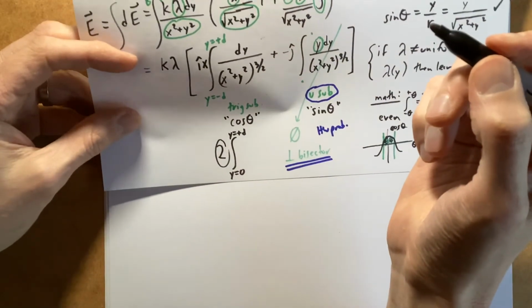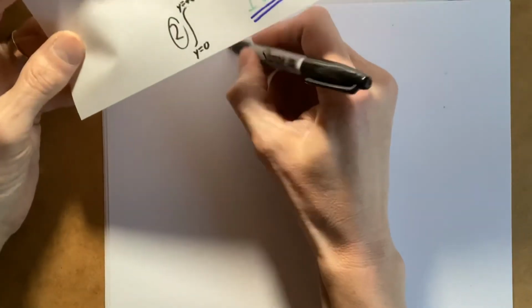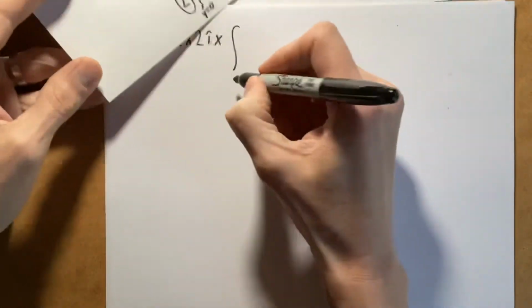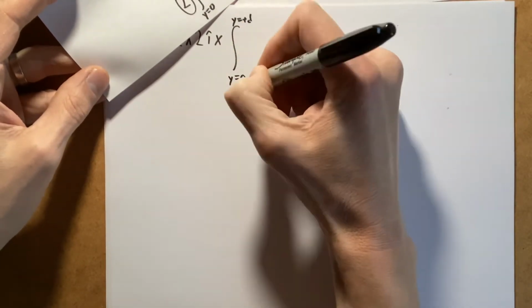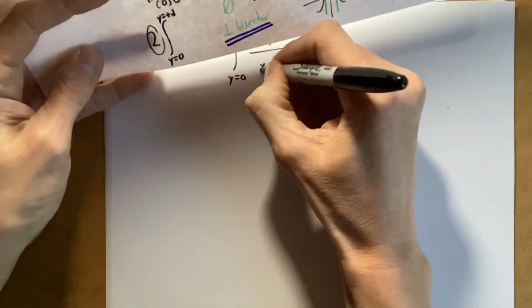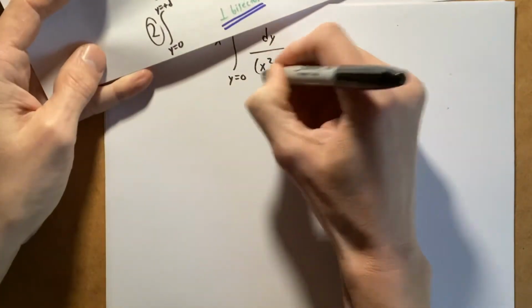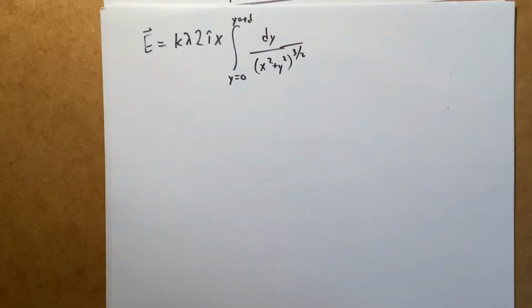I know it's all kind of a jumble of stuff right now. So let's just copy it on a new page: y from y equals 0 to y equals plus d. And then let's do the integration here: x squared plus y squared to the 3 halves. And again, we'll clean it up, but right now we just make sure that we have everything accounted for.